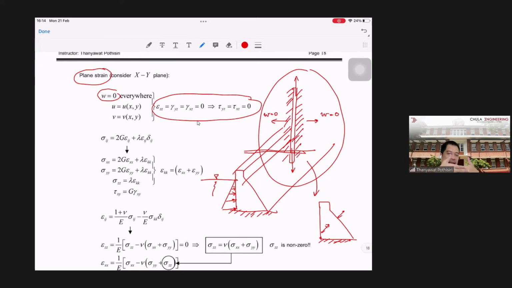So it's constrained against movement in the perpendicular direction, something like that.